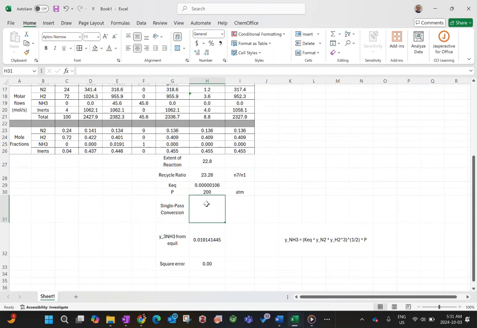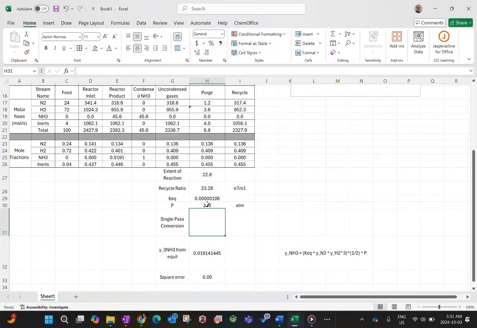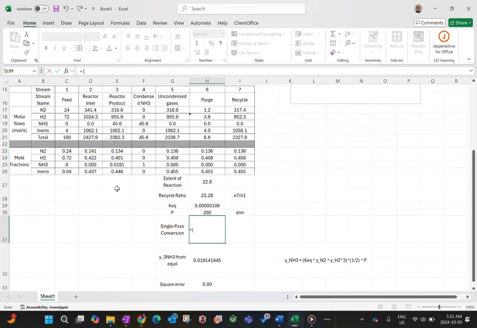Okay, so the single pass conversion is looking at the nitrogen consumption in stream 3 compared to stream 2, right? So let's do that. We have nitrogen, inlet minus the outlet divided by the inlet.